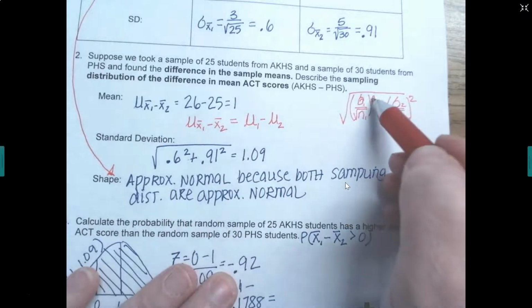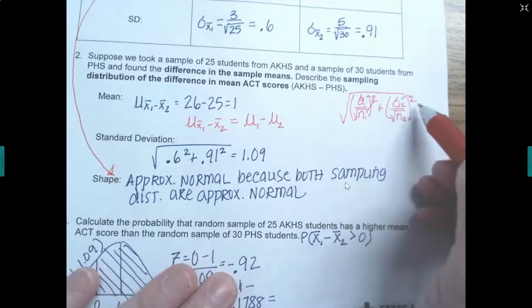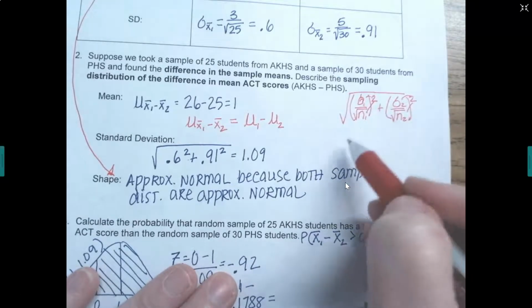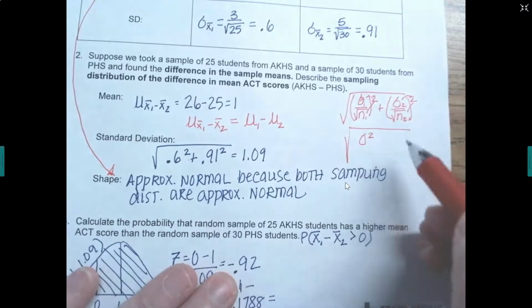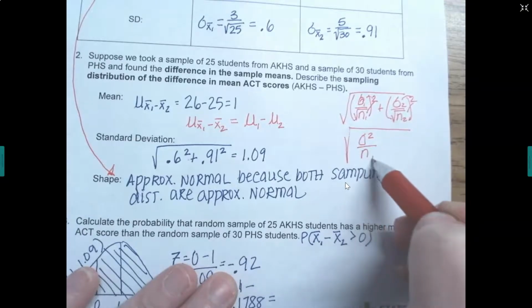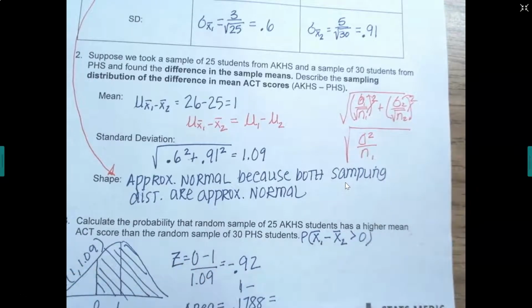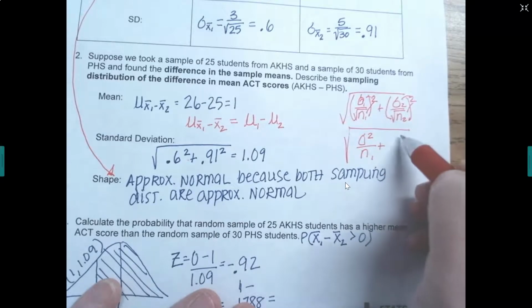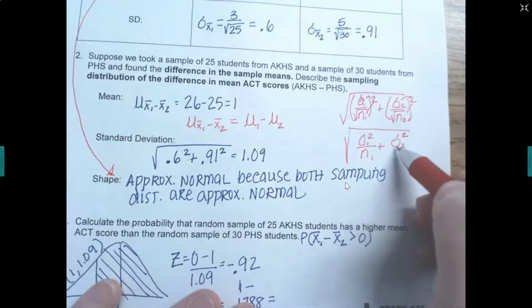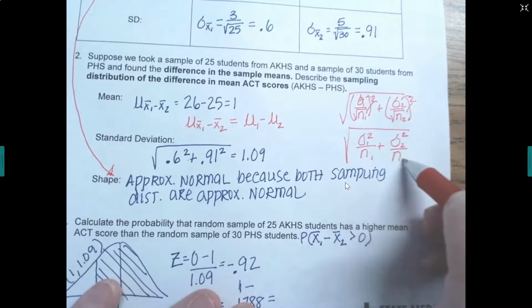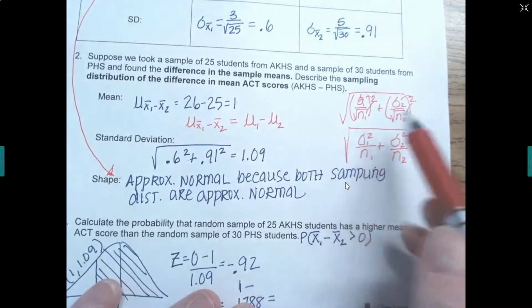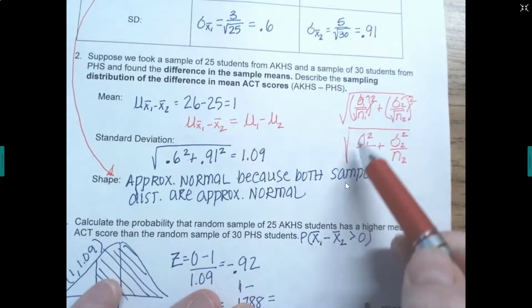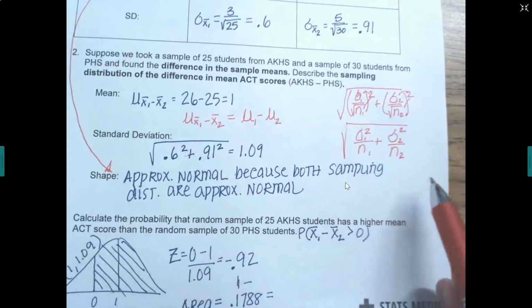So what happens is when you distribute the 2 exponent through, you end up with a final formula of standard deviation squared, which is your variance, over your sample size, plus the variance for the second one. Variance is standard deviation squared over its sample size. So this is how we found these numbers. But when you look at it, when you're looking at the formula, this is what's going to happen to it right here.